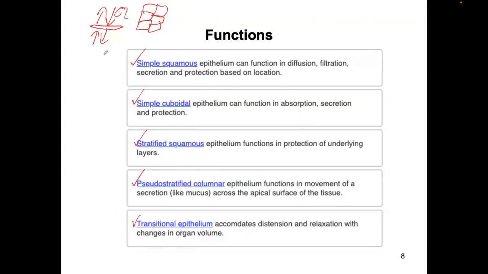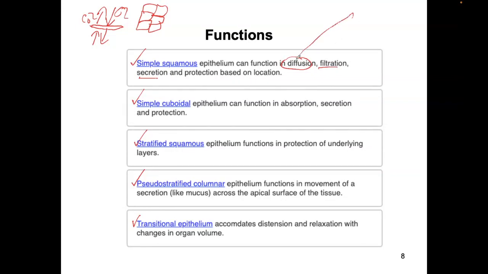Maybe oxygen is trying to get in or carbon dioxide is trying to get out, okay? If something is stratified, if it's multiple layers, we think of protection primarily. Okay, so now the epithelium can function in diffusion, filtration, secretion, and protection based on location.